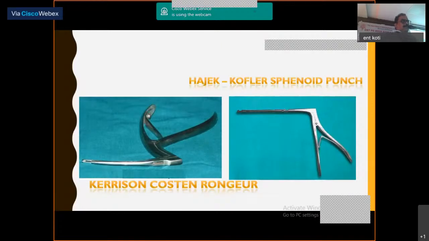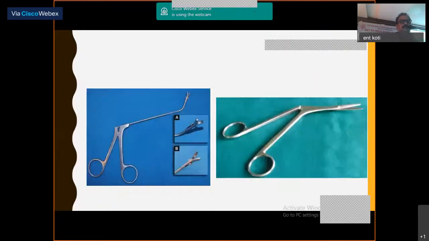Sphenoidotomy. So you enlarge the opening of the sphenoid or widen it. So this one is something like a giraffe. Frontal sinus giraffe.